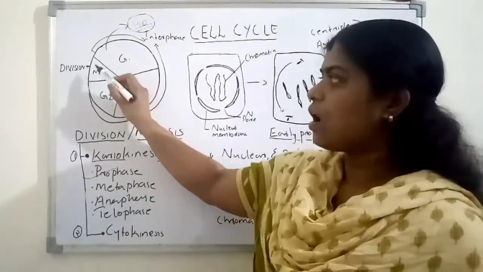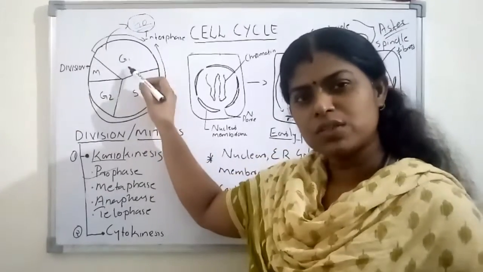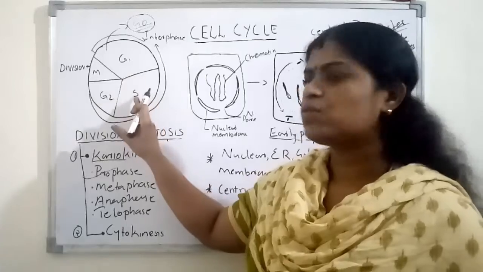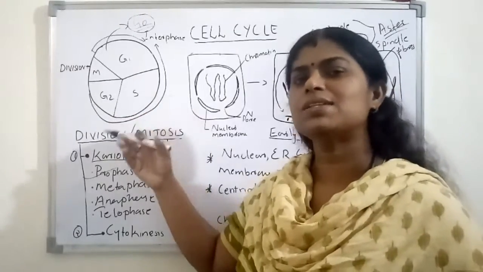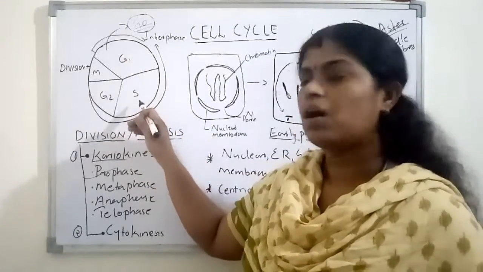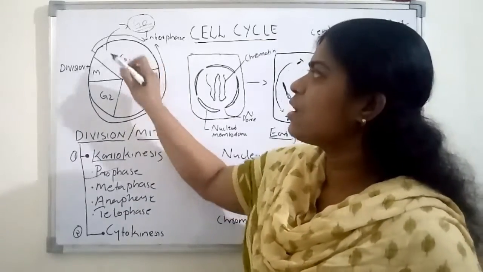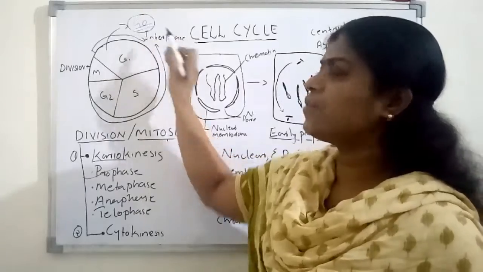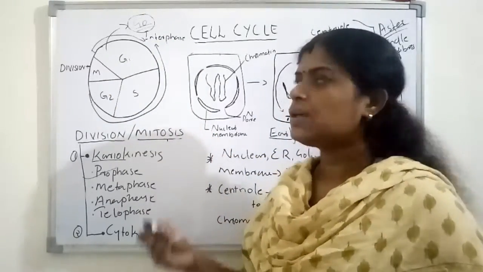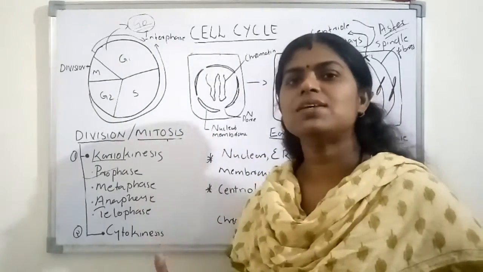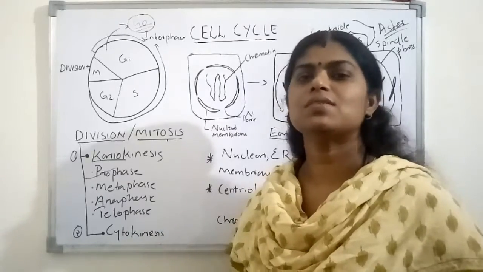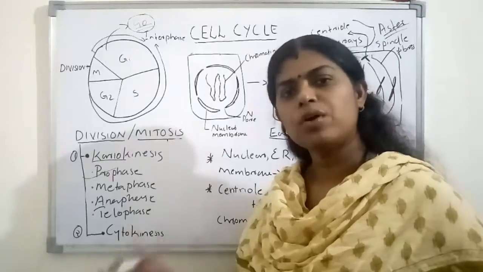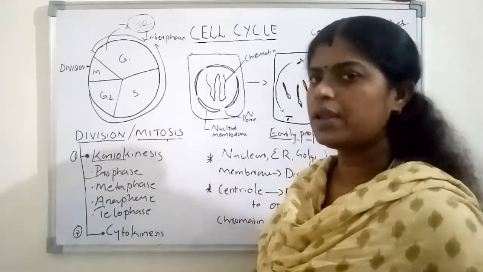So a newly formed cell enters G1 and attains growth, and normally the cell goes to the S phase, but some cells go out from the cell cycle to a resting phase, the G0 phase. In the resting phase, the normal activities still take place, but that cell is not going for division. That is the only difference.